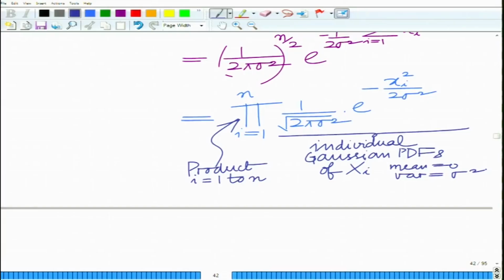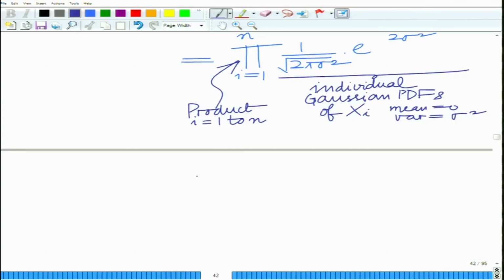And therefore, what you are seeing is that when these component Gaussian random variables are uncorrelated, the joint, multivariate Gaussian PDF equals the product of the individual PDFs, which means that these random variables are not only uncorrelated, but they are also independent. This is a unique property of the Gaussian random variable.